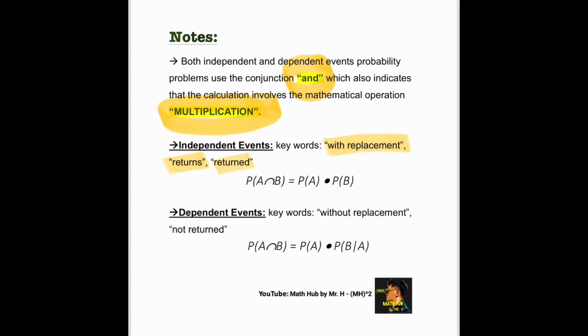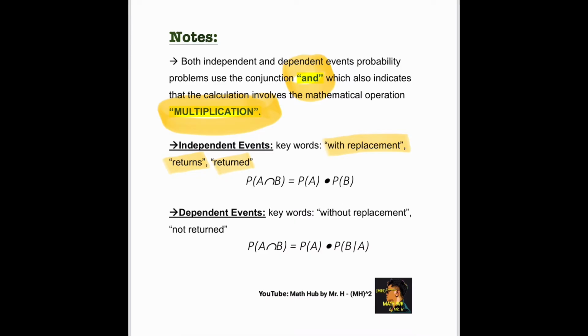So these words will actually help you identify straight away what formula you need to apply. There is a different formula for independent events, which is this one. Probability of A and B equals probability of A times the probability of B.